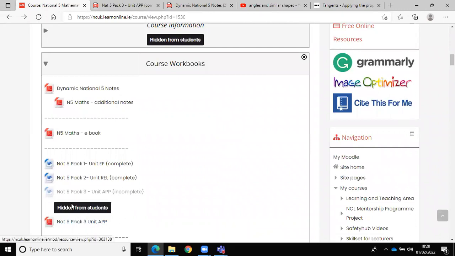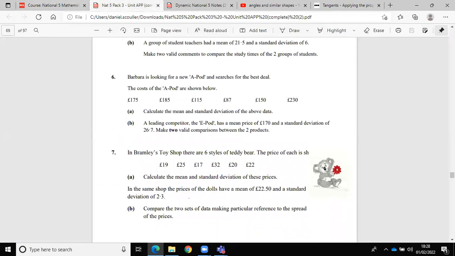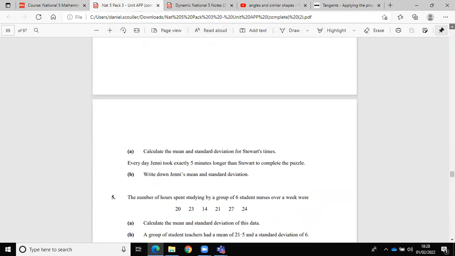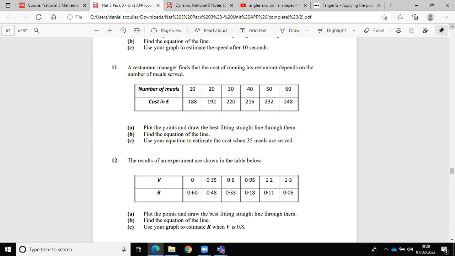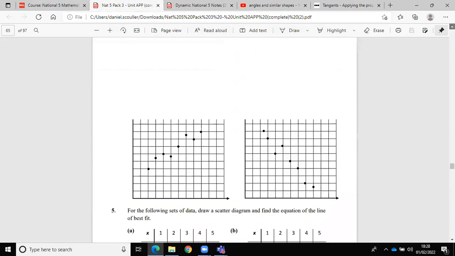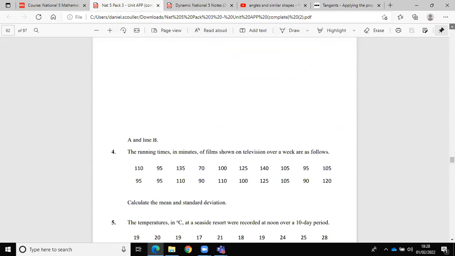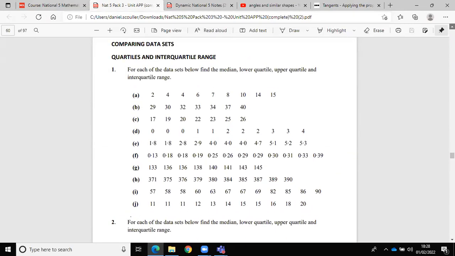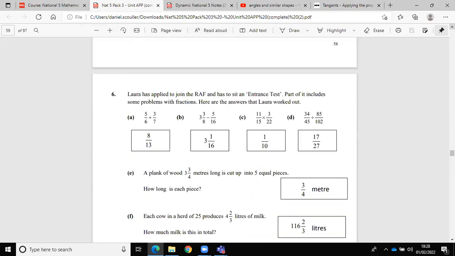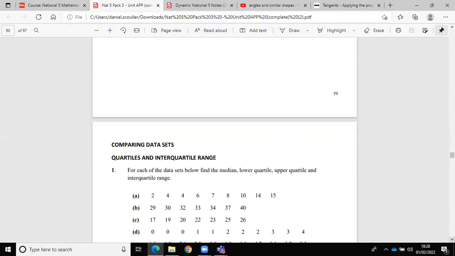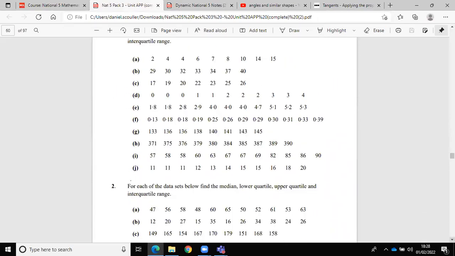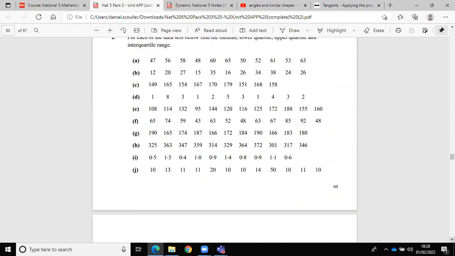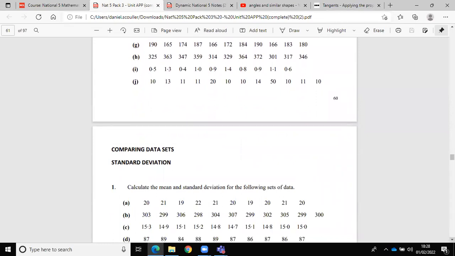So statistics is in pack 3, in the applications unit. You'll find it towards the end, a bunch of questions. I will use this tonight, so we will be working from page 60 in handout 3 and booklet 3.